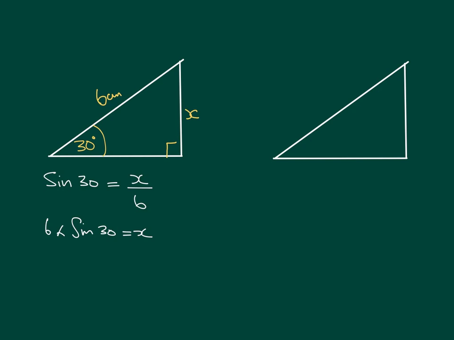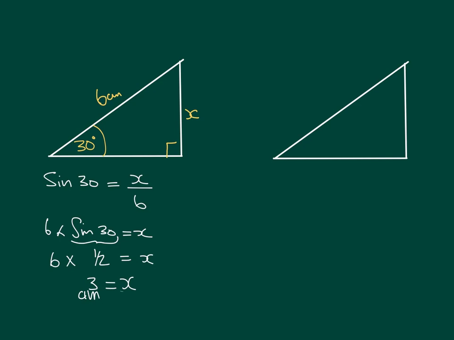We know that sine 30 from what we were just doing is a half, and then you're multiplying that by 6, so it means that x is going to be equal to 3. x is equal to 3 centimeters in this case.